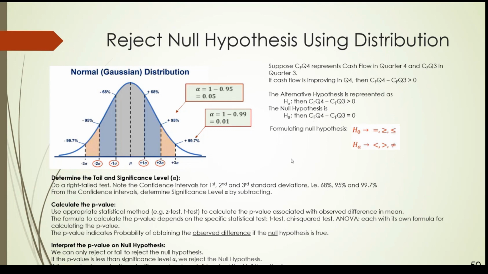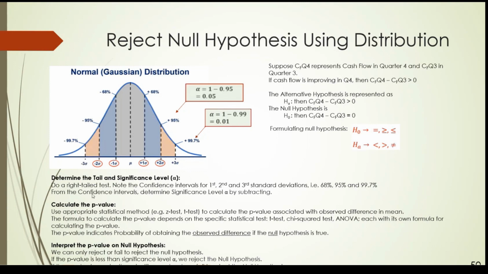Then what happens is that we use the data to come up with the distribution. We assume that it's a normal distribution. If we use normal distribution, then we can use the magic numbers in normal distribution to determine the significance level, 0.05, 0.01.